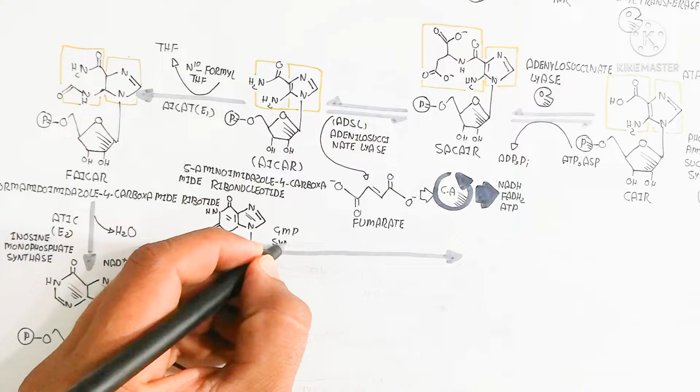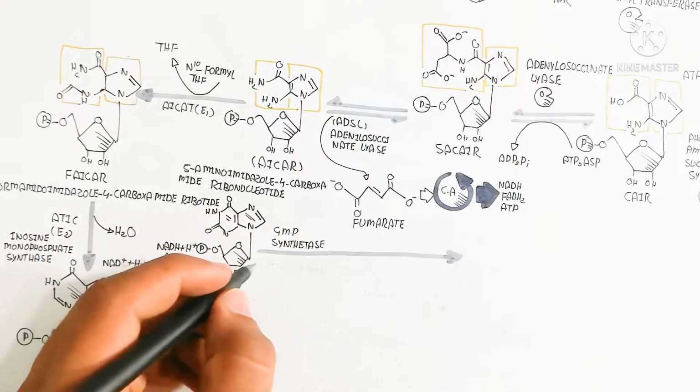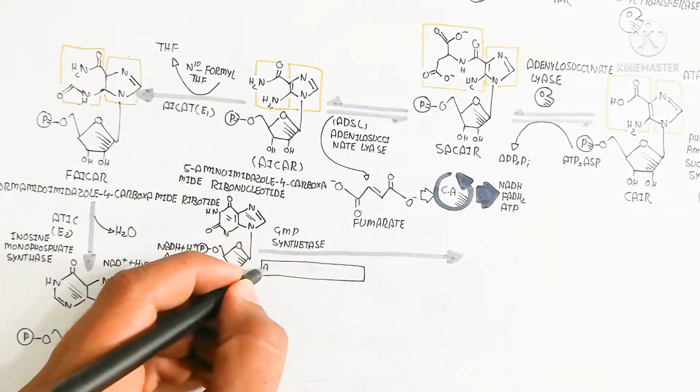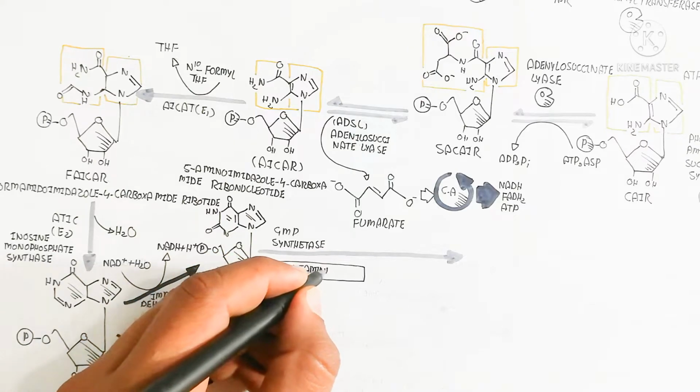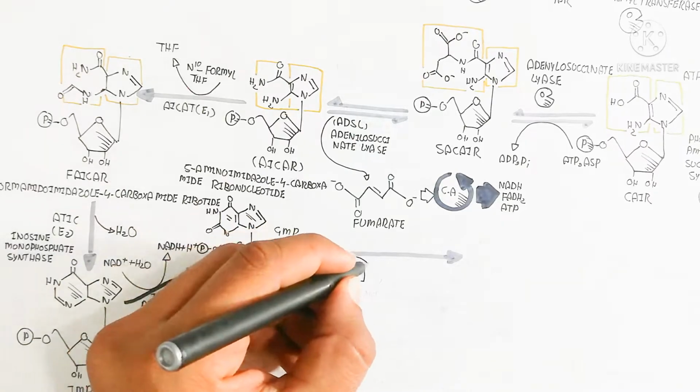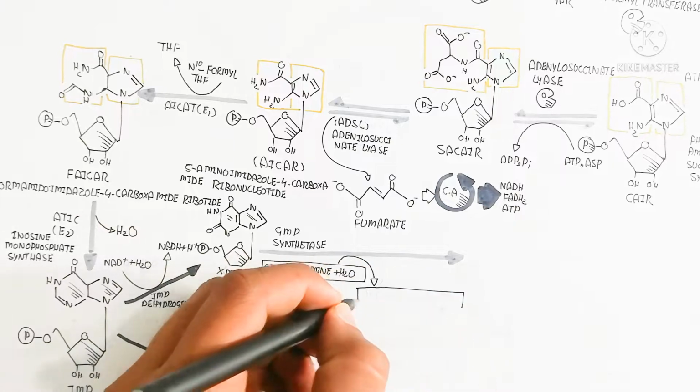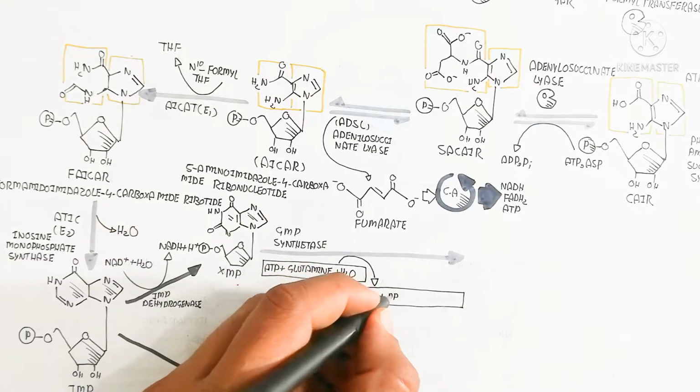After this, you can see the GMP synthetase enzyme used in the presence of ATP, glutamine and water to release AMP, pyrophosphate and glutamate.